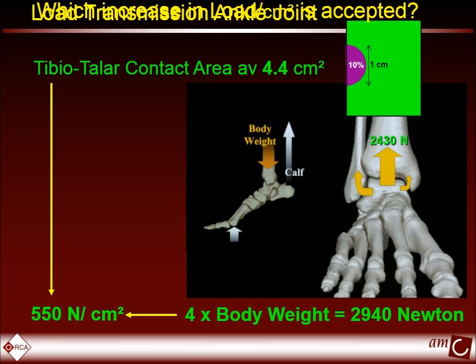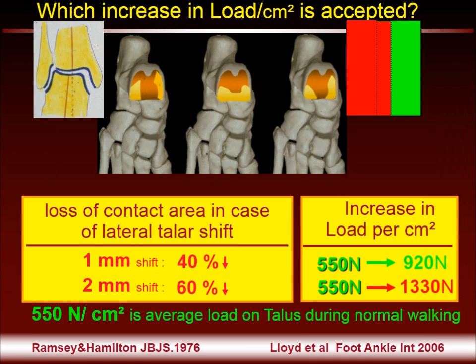We know from the natural history that that's the case. But do we know it from biomechanical investigations? We know from investigations in ankle fractures, from Ramsey and Hamilton in 1976, and recently in Foot and Ankle International 2006, the same measurements were found. If you have a displacement in a fracture of 2 millimeter, then there is an increase in load that is too much.